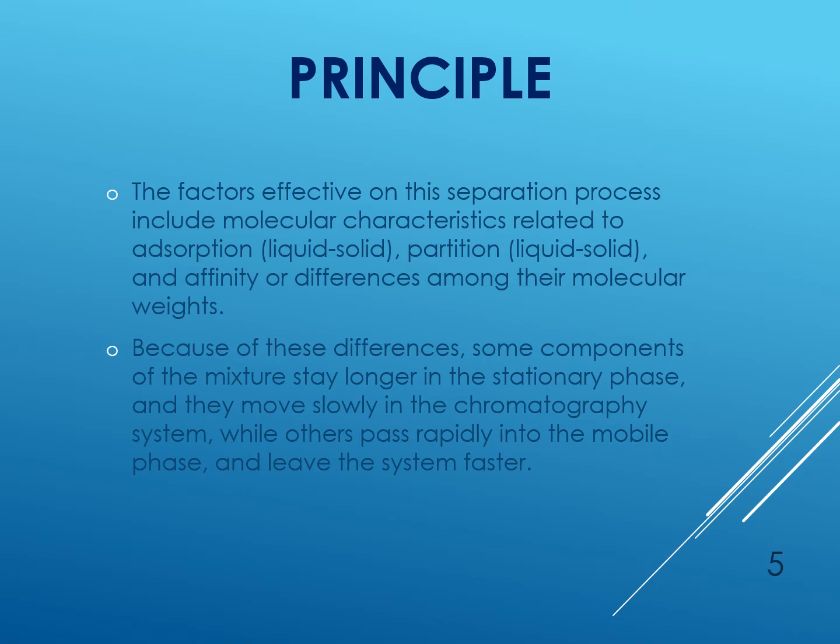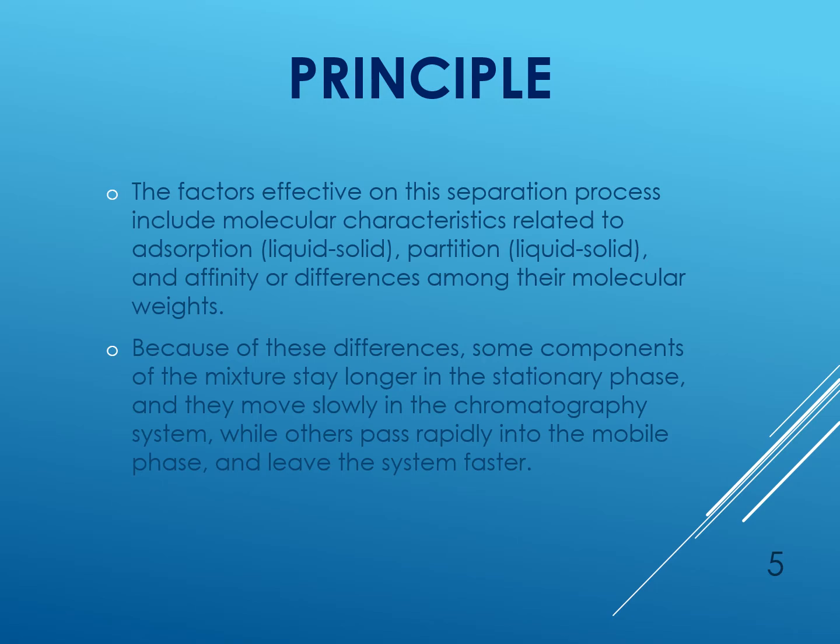We can also evaporate the mobile phase, and in this way the separated components can be seen. When the mobile phase is evaporated, or when the mobile phase is separated from the mixture, then we can get our desired analyte or components.